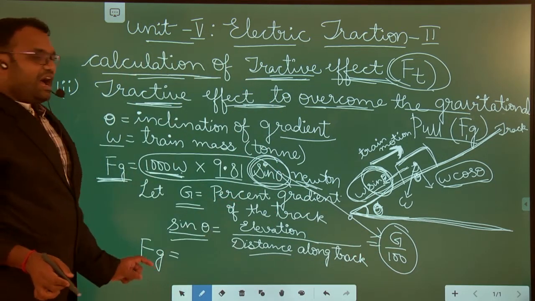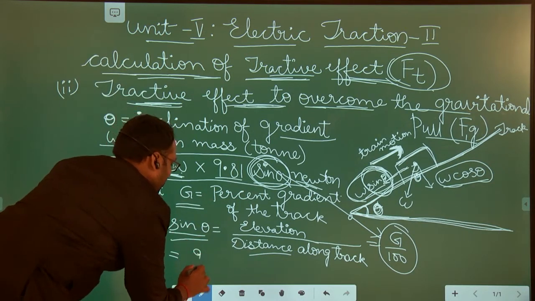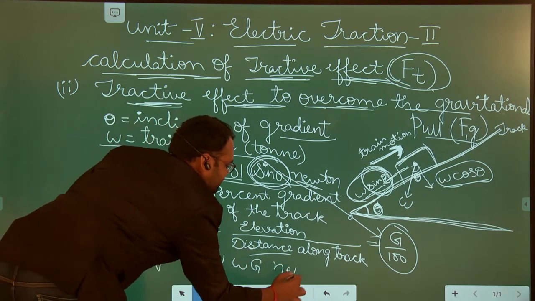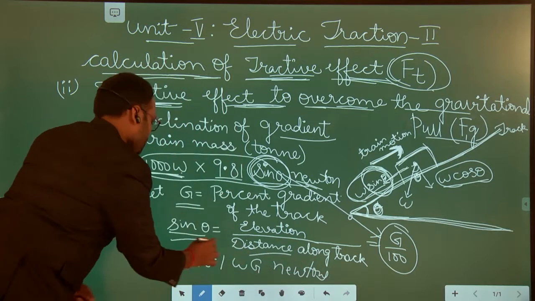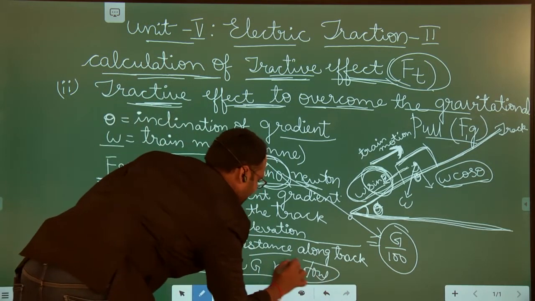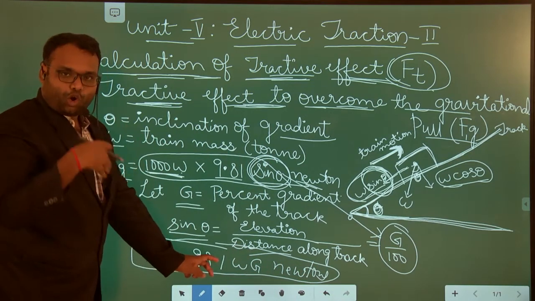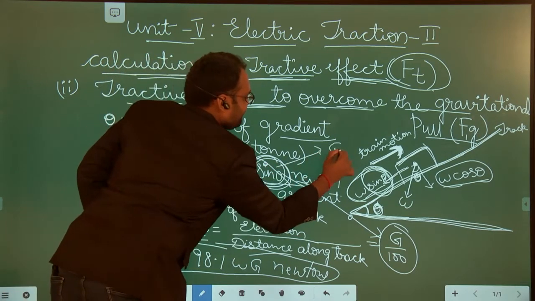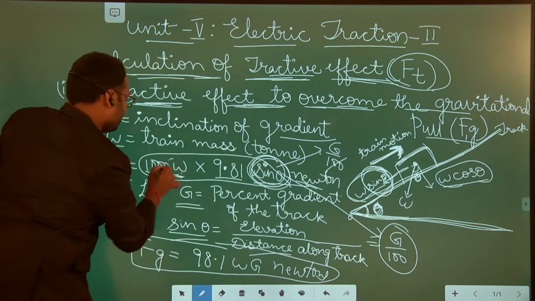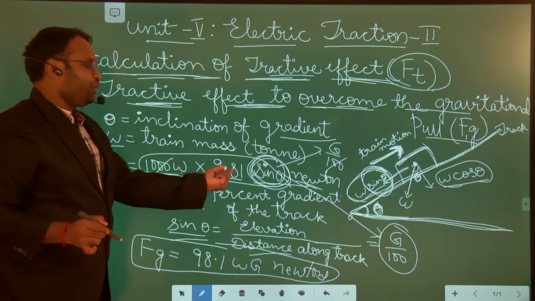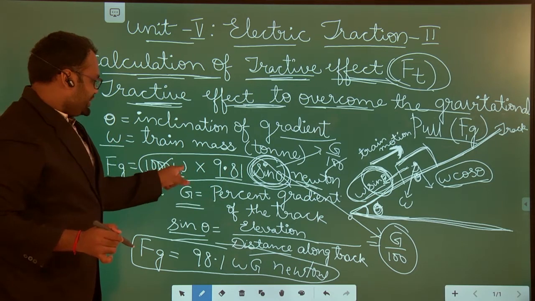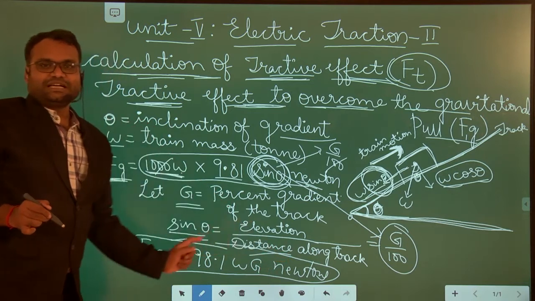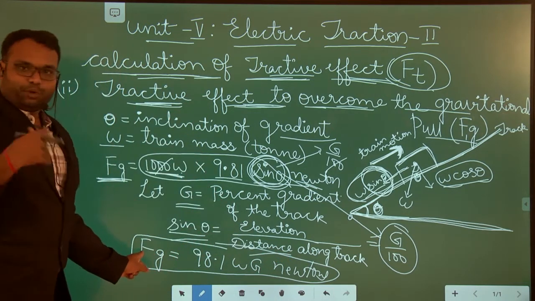So we get 98.1 W G newtons. Since sin theta is replaced by G by 100, this 100 and this 100 cancel, so 10 multiplied by 9.81 is 98.1 into W into G, and the units are newtons. This is the tractive effort to overcome the gravitational pull or force.